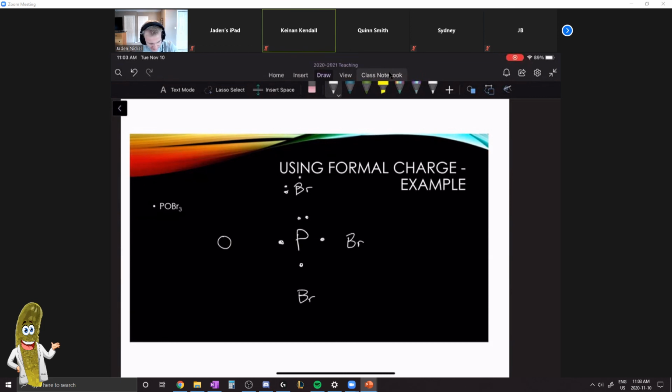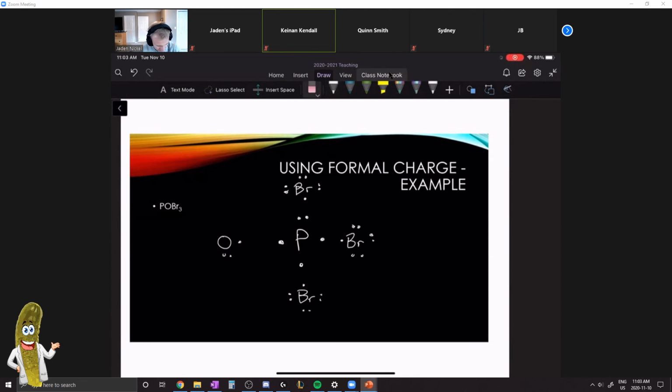So bromines all have 7 valence electrons, like such. And oxygen has 6 valence electrons.